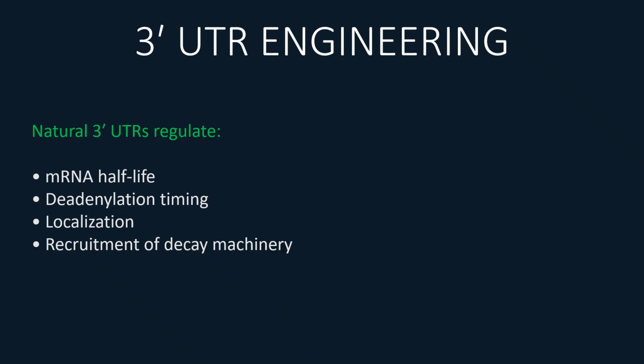It influences how long the mRNA survives, when the poly A tail gets shortened, where the mRNA localizes in the cell, and how easily decay machinery can engage. So, 5' UTR controls initiation, and 3' UTR is about controlling lifetime and stability.